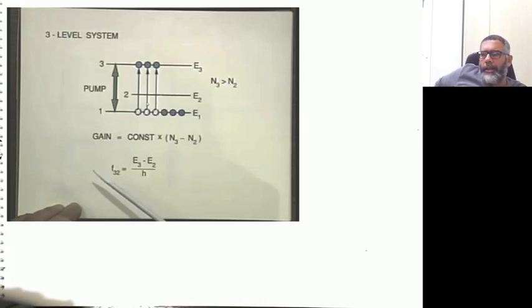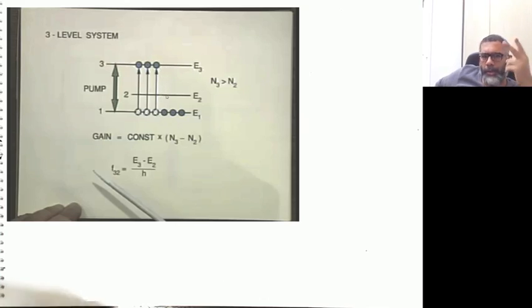And the other thing is, what happens to the atoms in the third energy level? You might think they have options: they may go down directly to 1, or they may go down to 2.